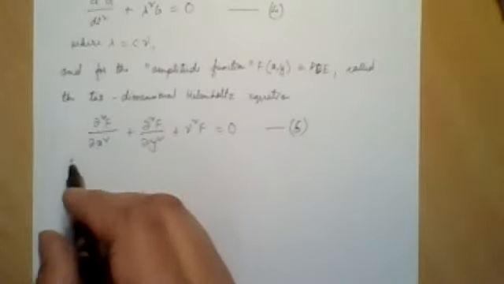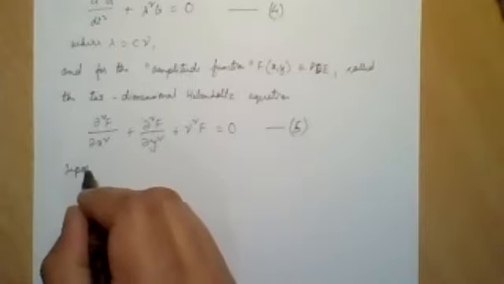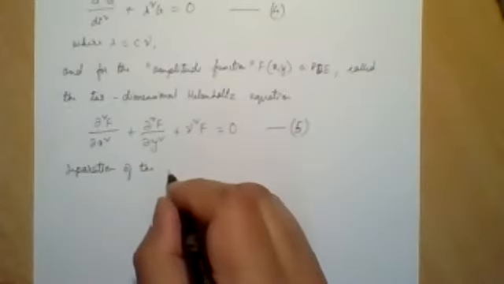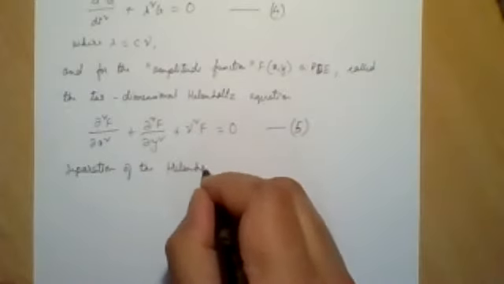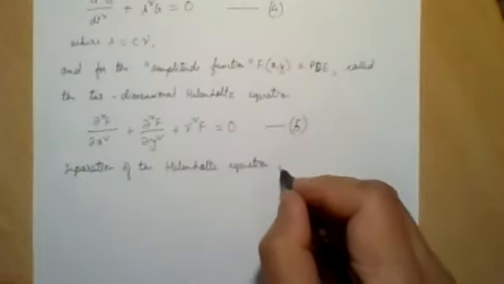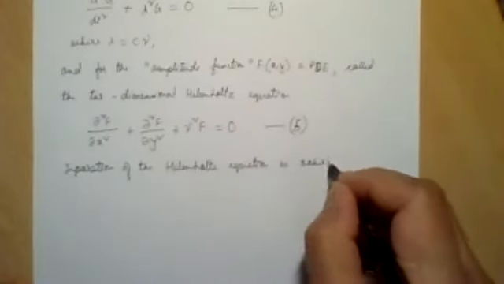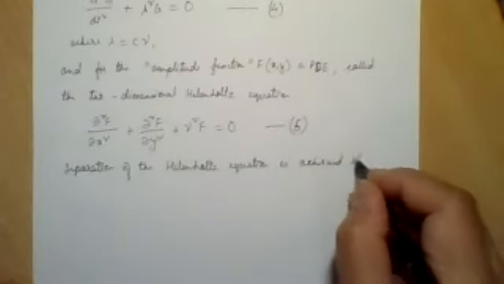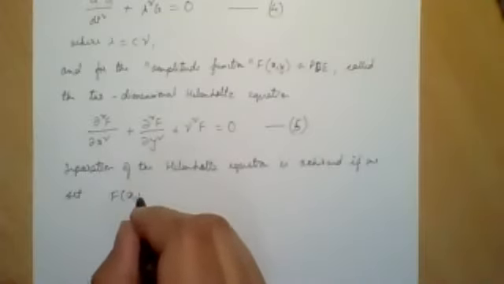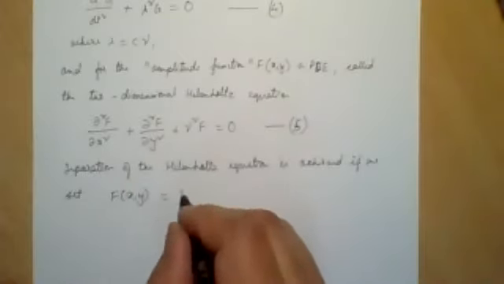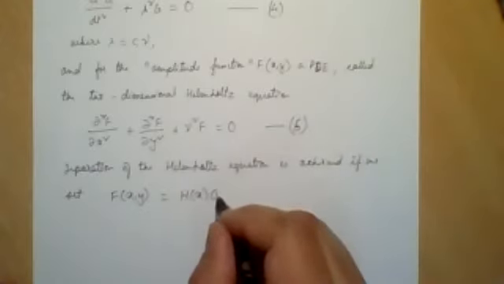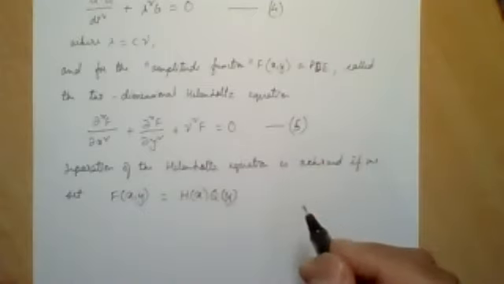So separation of the Helmholtz equation is achieved if we set f of xy as the product of two functions h, which depends only upon x, and q, which depends only upon y.